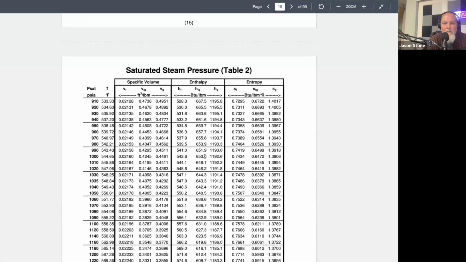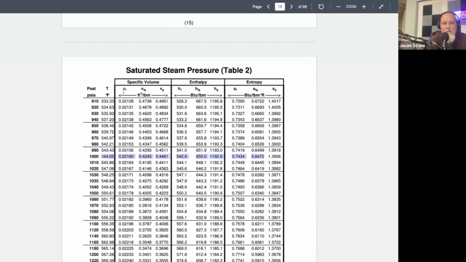All right, we got some numbers here, and I'm going to have to switch my share. What we're going to be working with is this line right here. Can I highlight that line? There we go. It's this line and these values. And up here is your column: specific volume, enthalpy, and entropy.